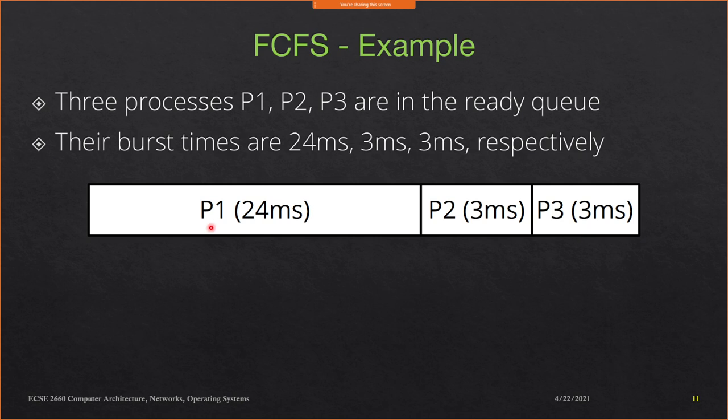Which essentially means that theoretically, just for the sake of discussion, if P1 was 50 milliseconds, extremely long, then even though the others are very short and require only short bursts, they are waiting for a very, very long time, right? So one process could simply hog all the CPU resources and not let any progress be made by the other remaining processes. So that's one of the problems in first come first serve.